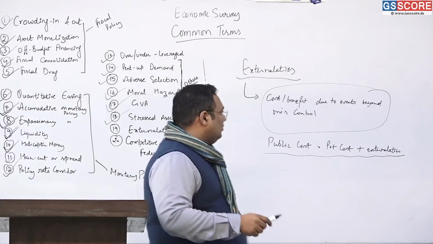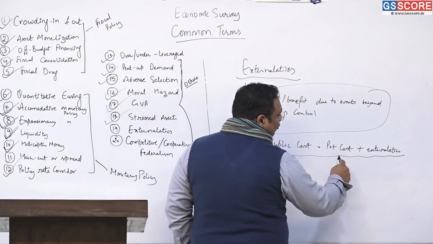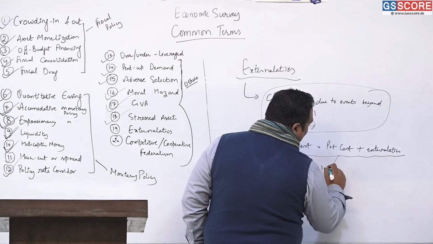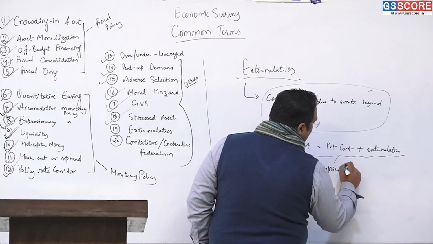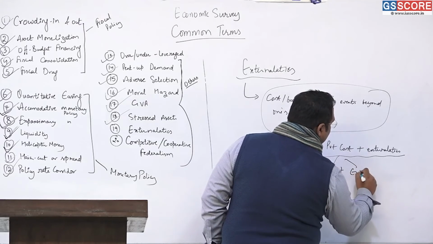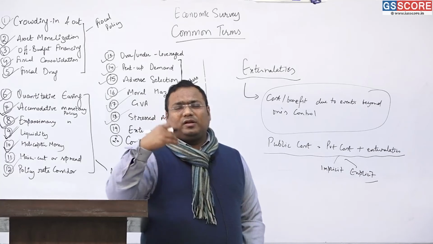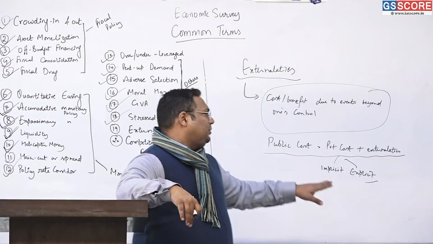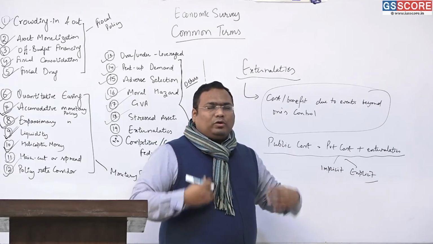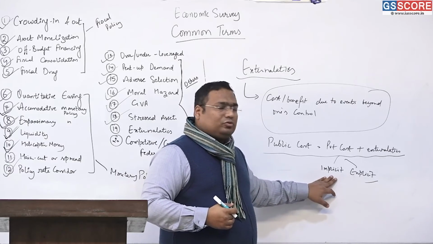Okay, so in my private cost, first of all, there is implicit cost and there is explicit cost. Explicit, which I exactly pay, which I am aware of, the 10 rupees I paid for the cigarette is the explicit cost. My own health loss is my implicit cost.